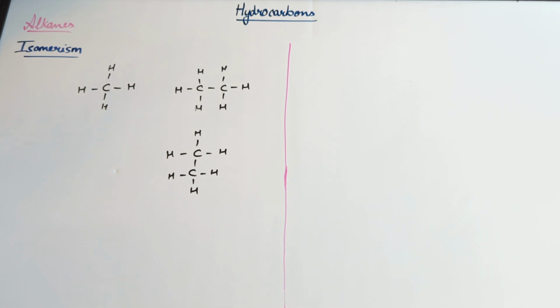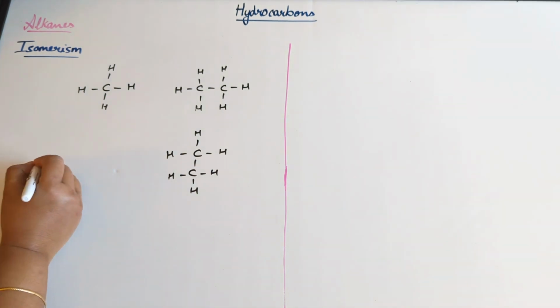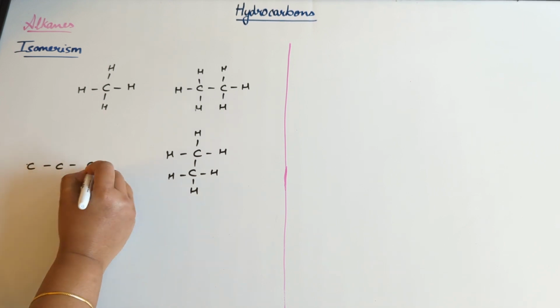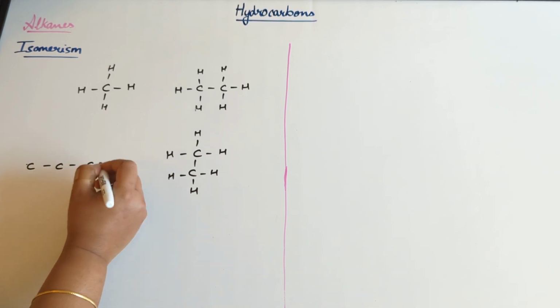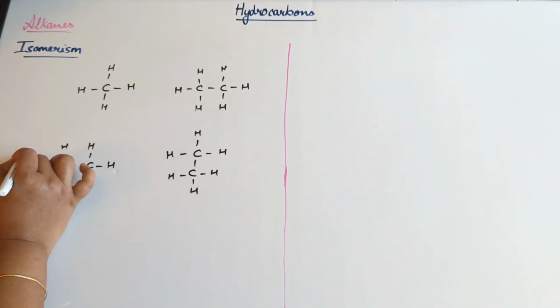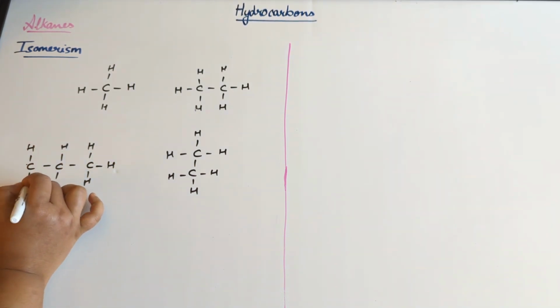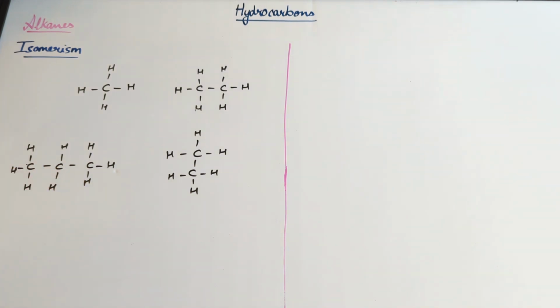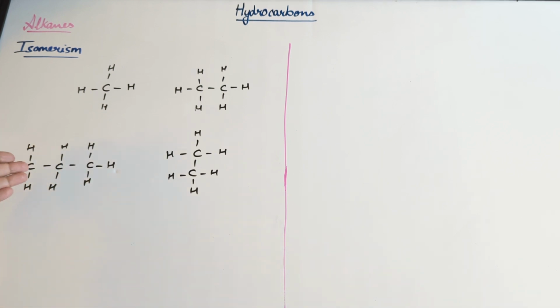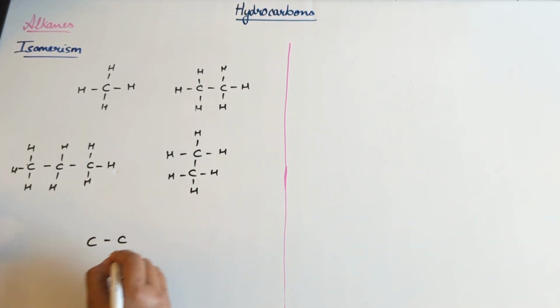Next, let's move on to propane. So propane has 3 carbon atoms, right? So this is propane. Even if you try and change the arrangement of the carbon atoms, you only have 3, okay?